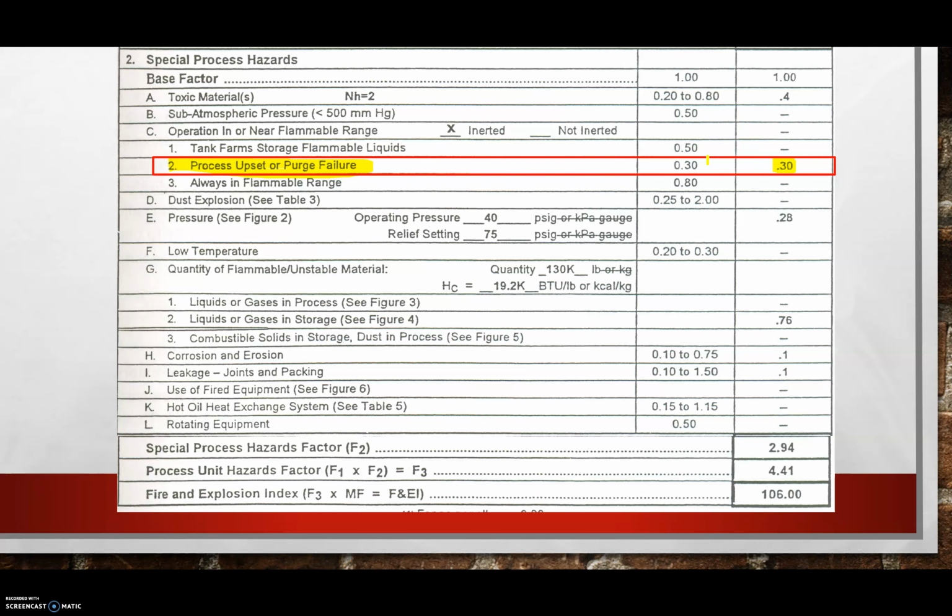If the purging system has been installed in the equipment, you should give it 0.3. If the accident occurred, the penalty is 0.3. So you give them 0.3. Okay, so if the tank farm storage has flammable liquids, we give the penalty 0.5, and so on.